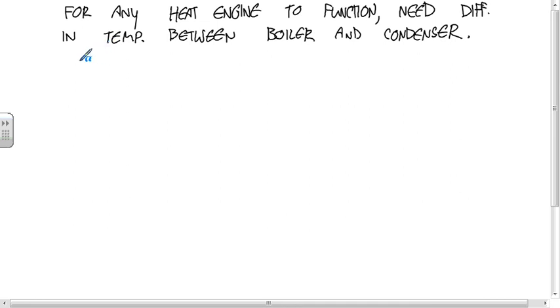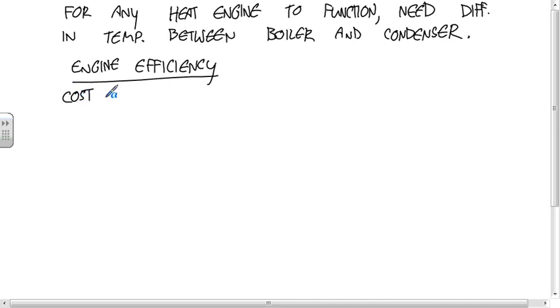And now let's talk about engine efficiency. This is the main thing that we're going to be talking about. Okay, so what is the energy cost of running this heat engine? Forget about the pump for now. Right. So think of, you can't ever get any energy for free because of conservation of energy.